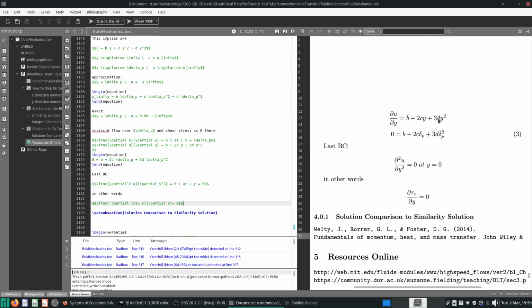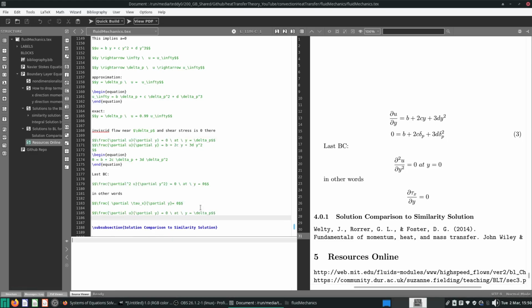So what happens is that when you want to take del 2u del y square, the b will disappear, and then you'll have 2c plus 6dy.